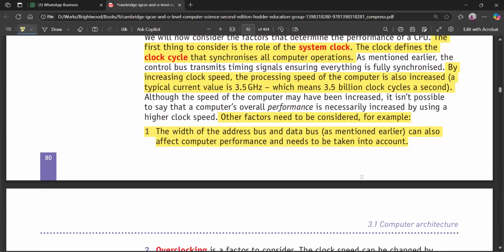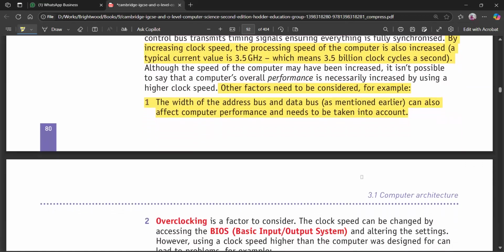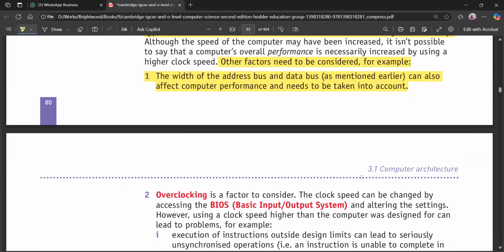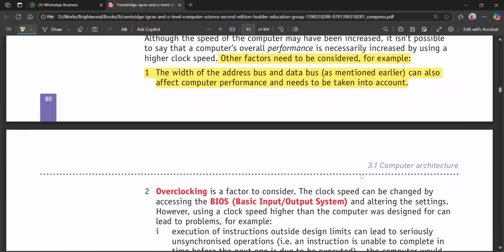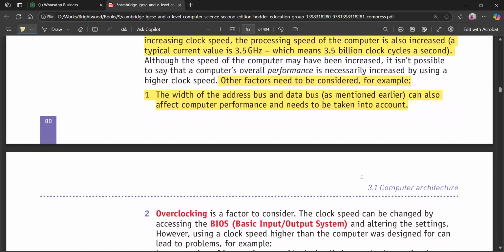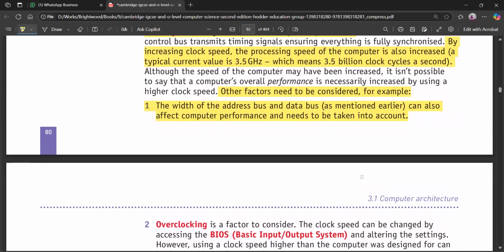Okay. Yes. Write it. Yes. Write this highlighted equally, right? Yes.